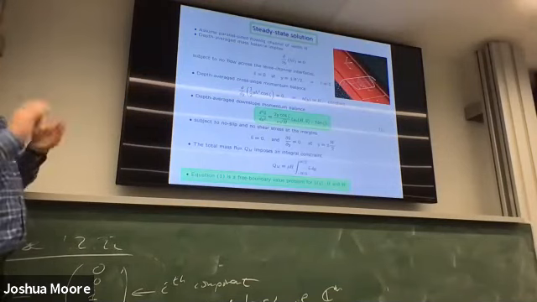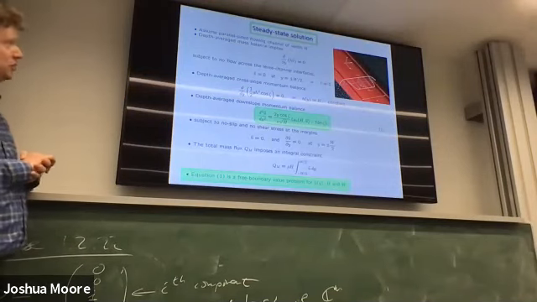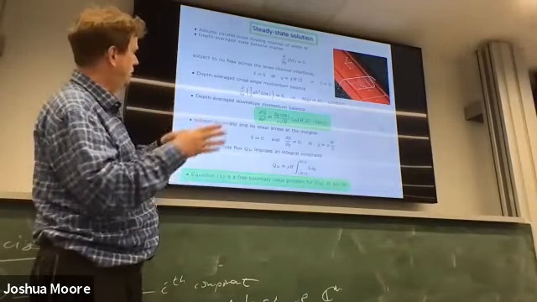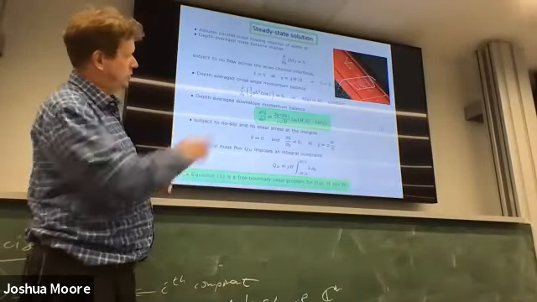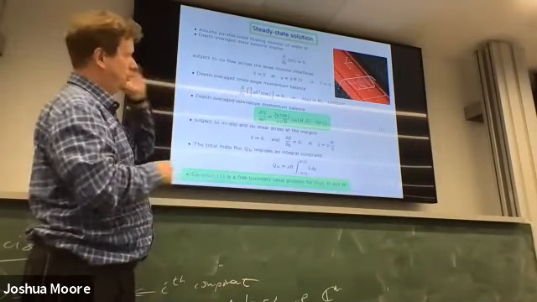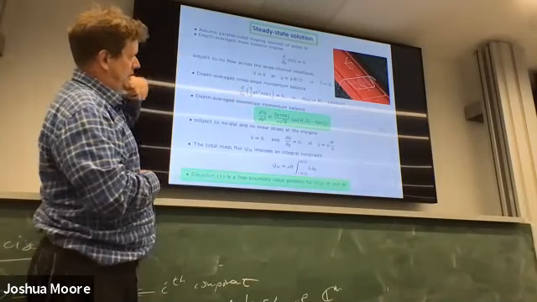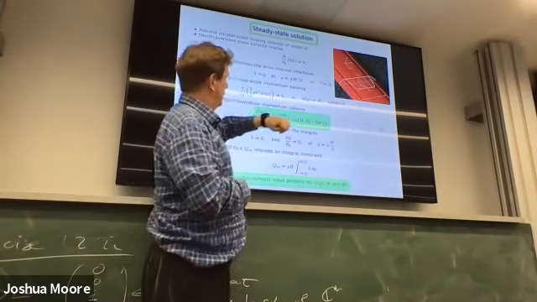So if I want a steady state solution, I'm going to assume that there's some width of channel and make the flow one-dimensional across, so the x coordinate goes across. Then the first thing is mass balance just reduces to this.